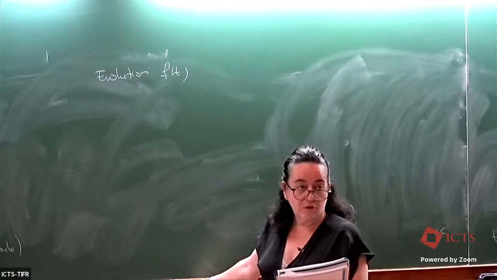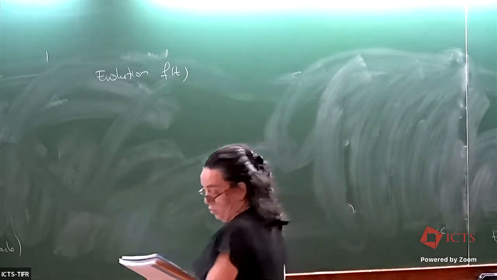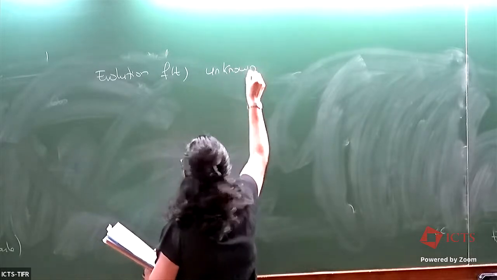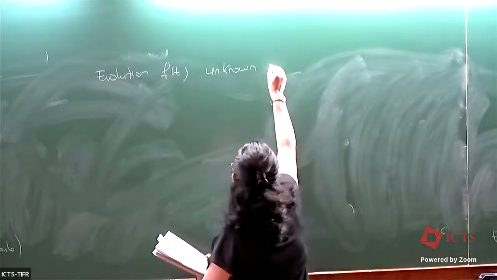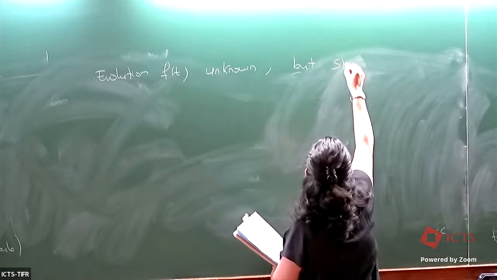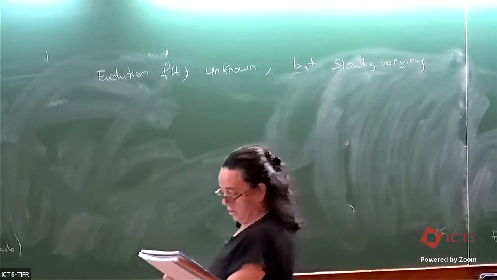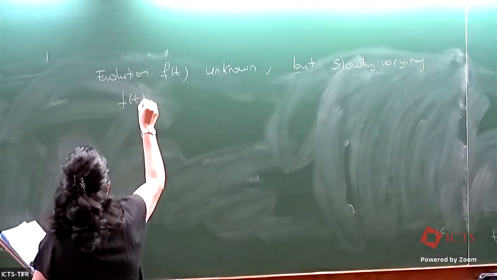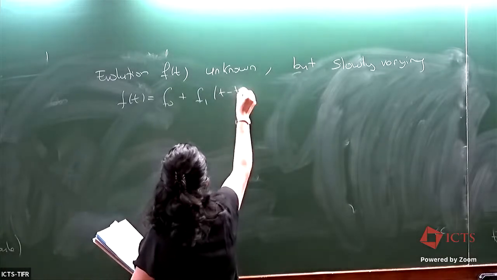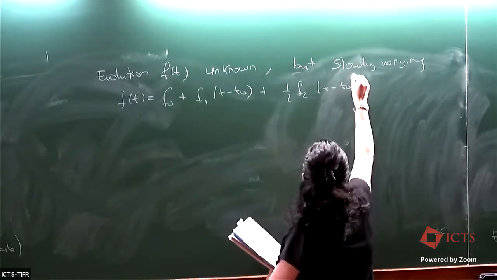And if I make the assumption that I'm looking for continuous waves not exactly of a newborn star, I could assume that it's slowly varying. And if it's slowly varying, basically, I can Taylor expand, etc.